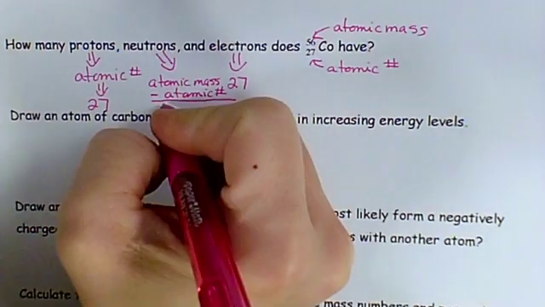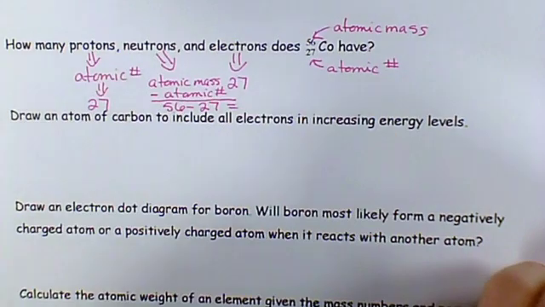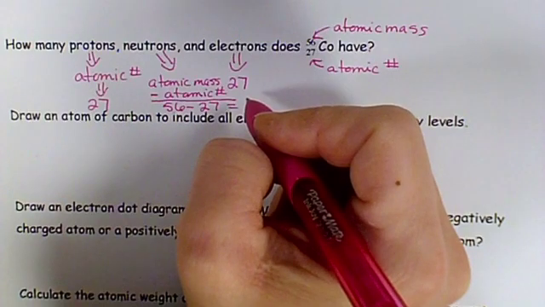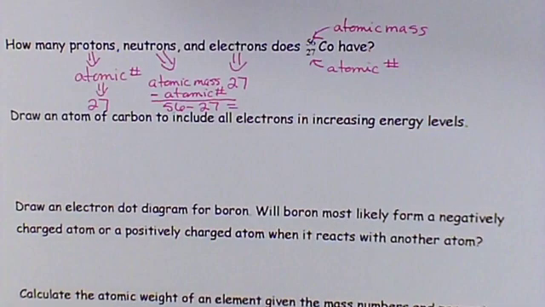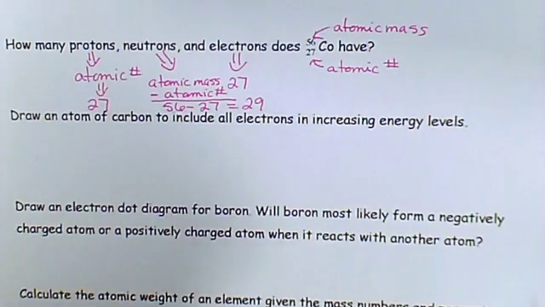So when we subtract those, 56 minus 27, you get, let's see, I'll get my calculator out here. I'm a little tired. That's what I thought, 29. So the number of neutrons is 29.